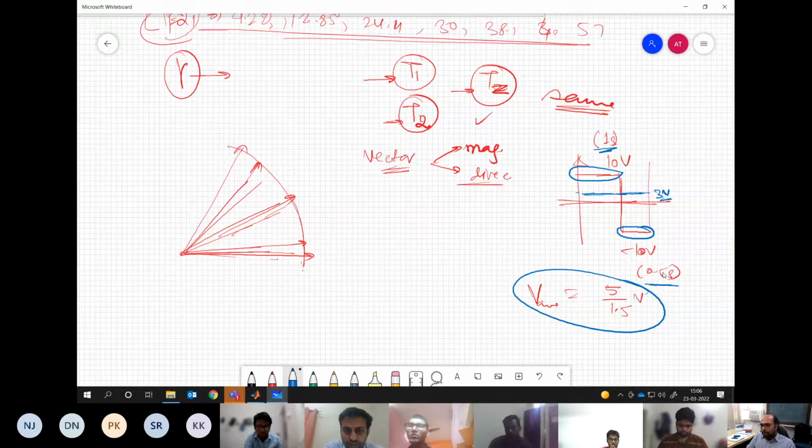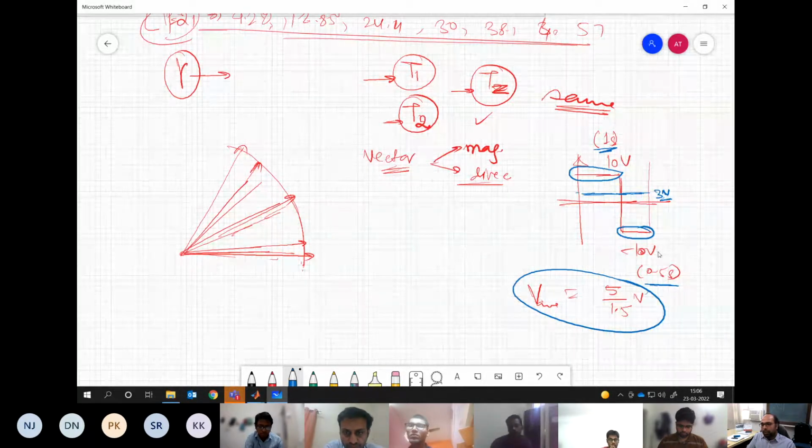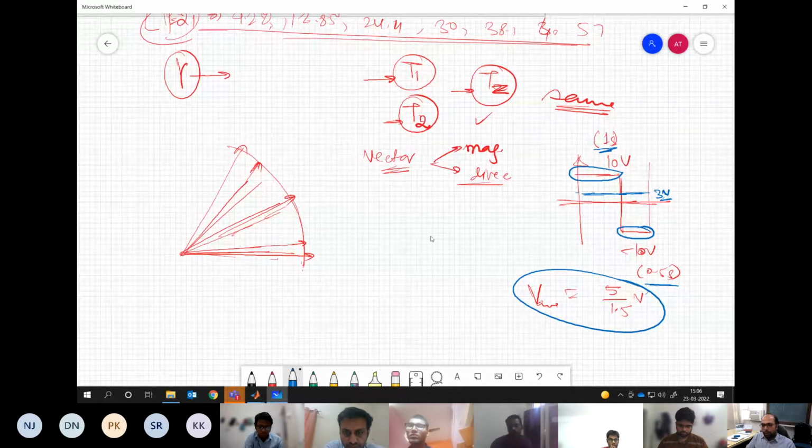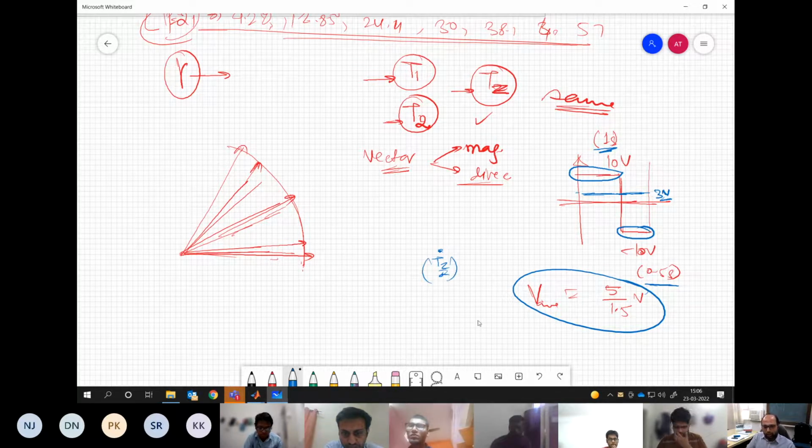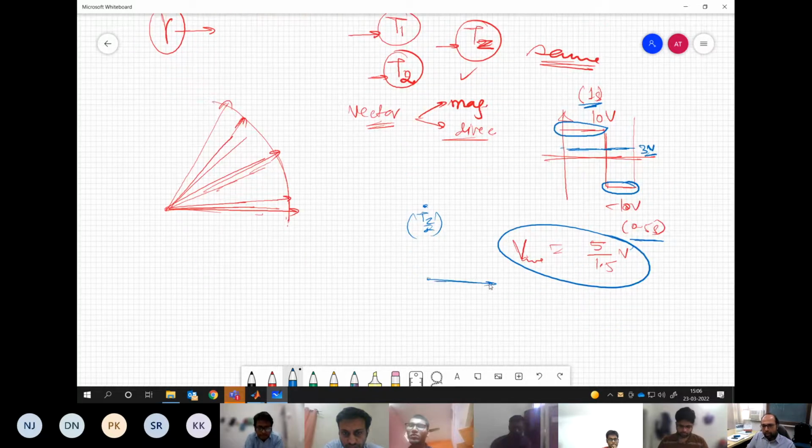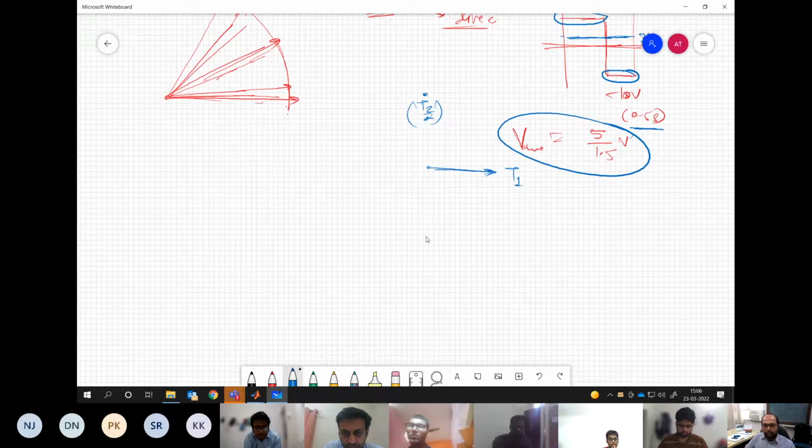Now, the same thing you think in terms of quantities which have direction. If you are applying, say, the 0 vector for some certain duration, say tz by 2, next moment you start with vector V1, and this you applied for duration t1. Next instant you have applied vector V2 for the duration t2, and then you have applied 0 for another tz by 2.